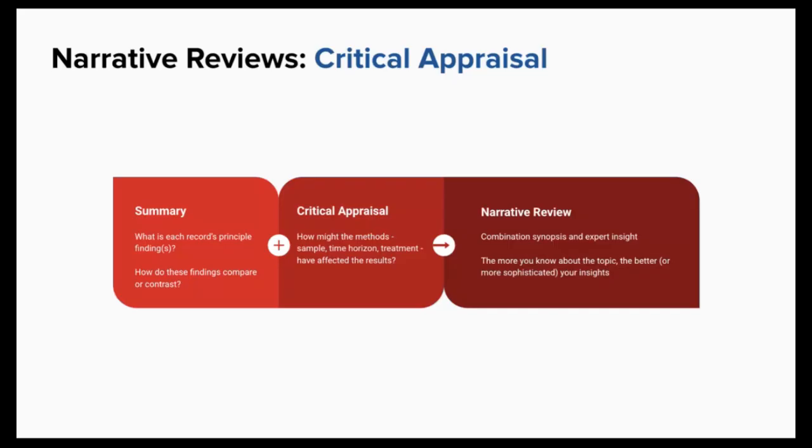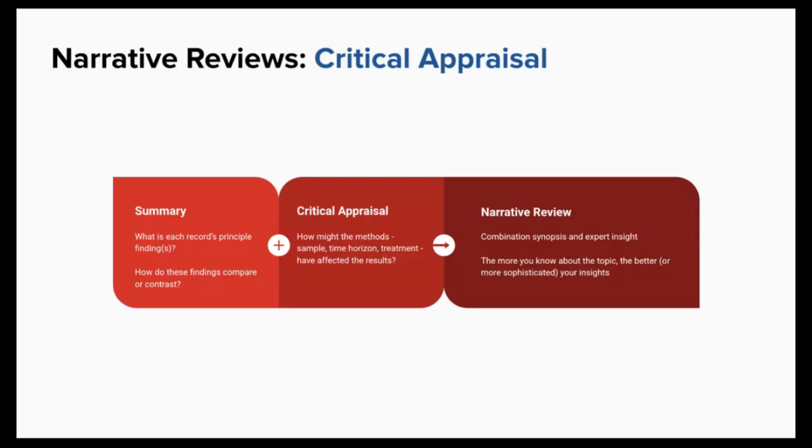And so the summary is simply what is each record finding, what are the main findings, and how do they relate? The critical appraisal piece is, well, the summary looks like this, but why does the summary look like that? Why do the different research records in my summary have different results? Or why do they have conflicting results? And so that is where the critical appraisal piece comes in.